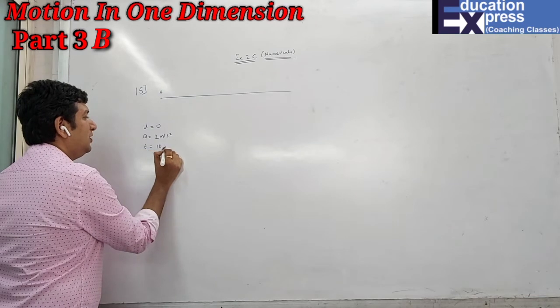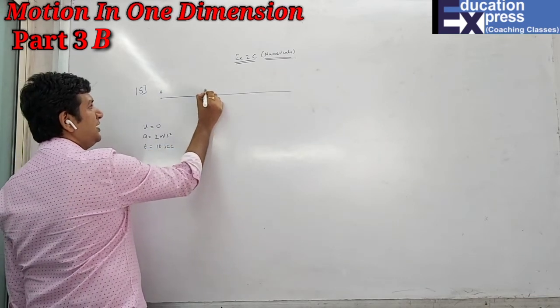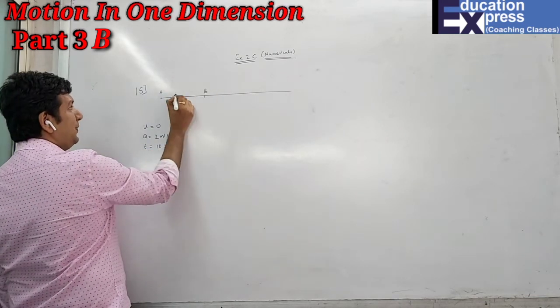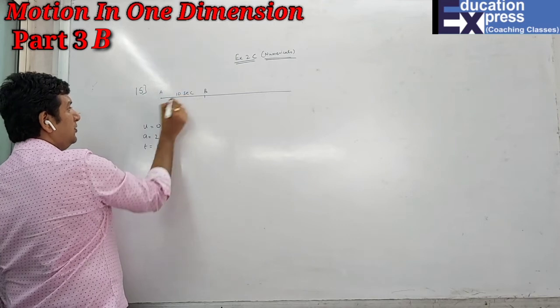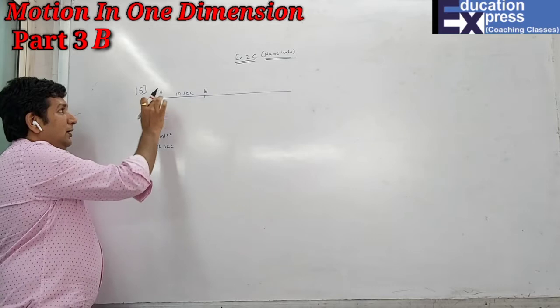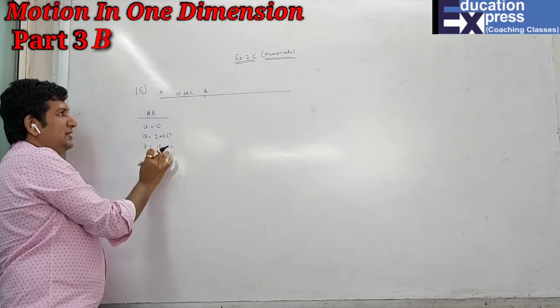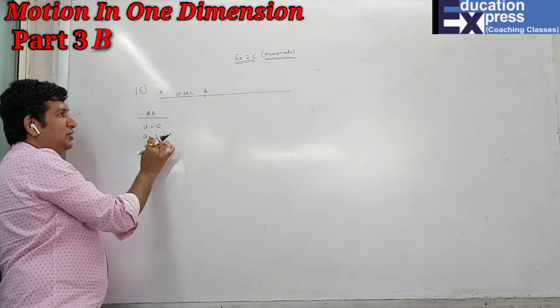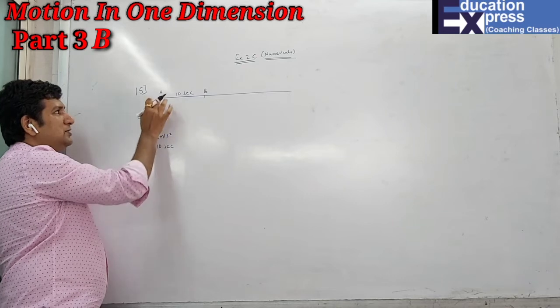That means after 10 seconds, let us say the body has reached point B. This is the information for the point AB: A to B, 10 seconds. A to B, there was an acceleration and the initial velocity at A was 0.